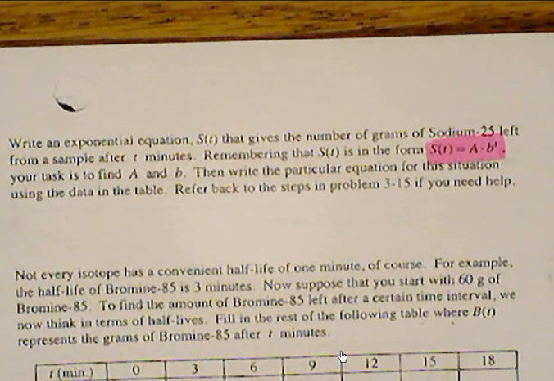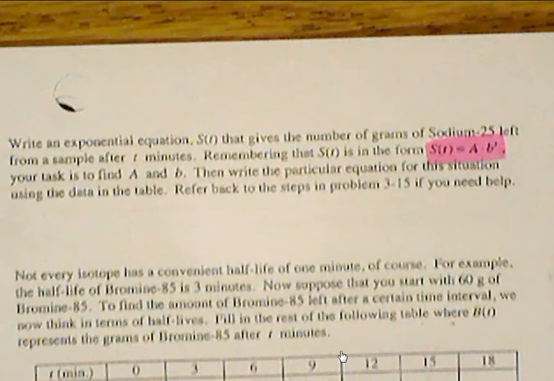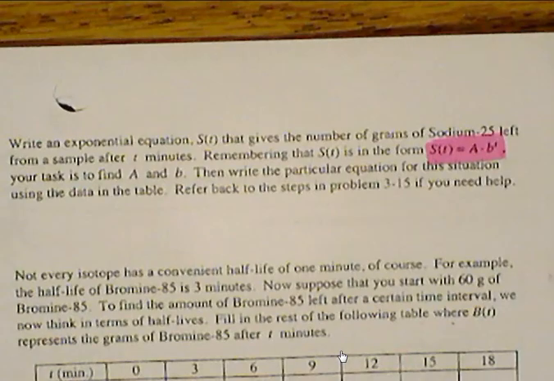I'm going to put some of your work up on the board. Y equals A b to the power of X, that's what you put it in. Except now instead of X it's t, and instead of Y we do S. Do it in your notebook.